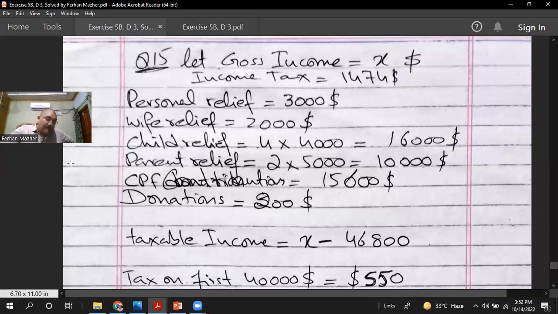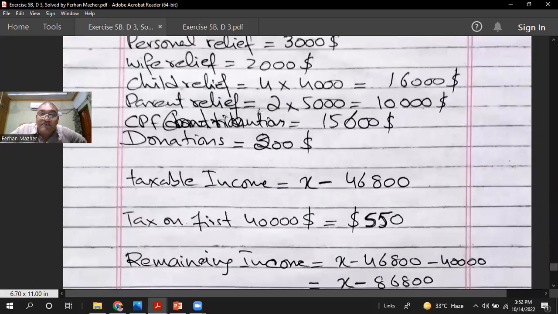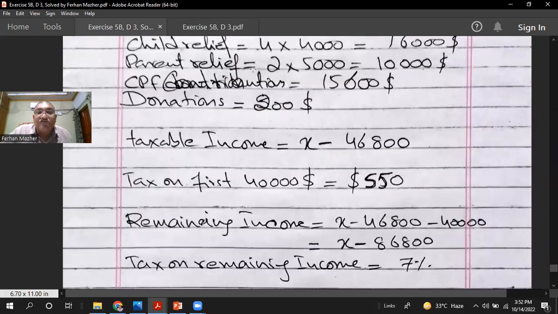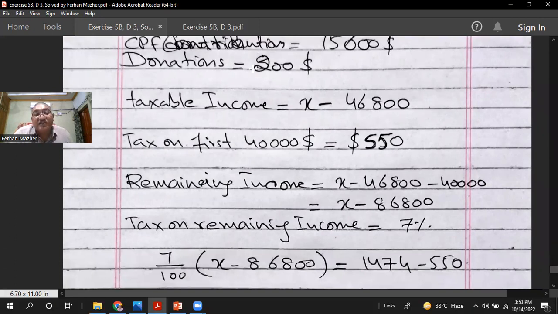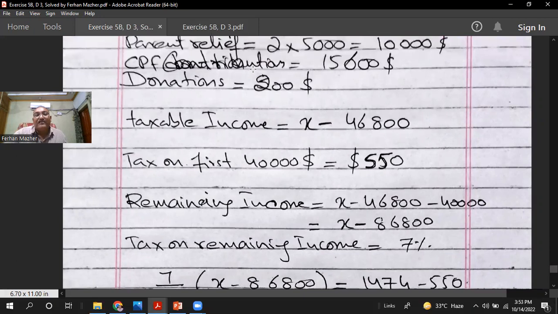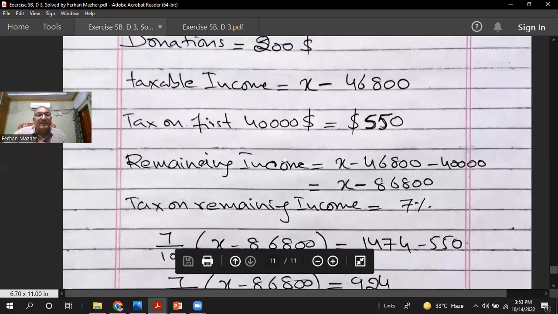So the taxable income is X, the gross income we supposed, minus $46,800. Now the tax on the first $40,000 he has given us is $550. So the remaining income is X minus 46,800. From it, subtract the 40,000, so you will have X minus 86,800.